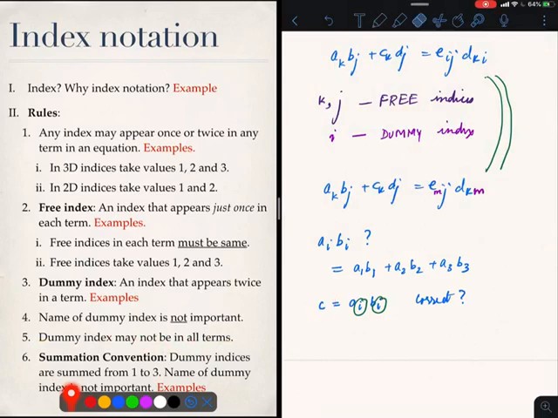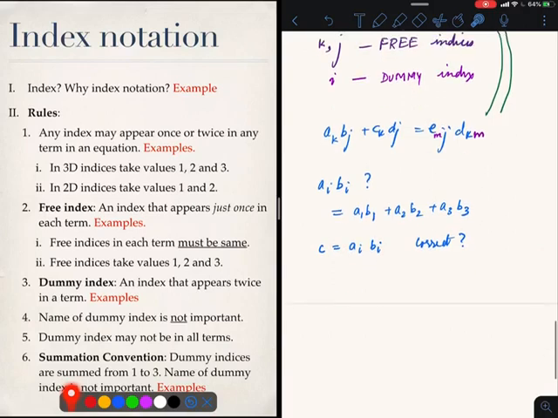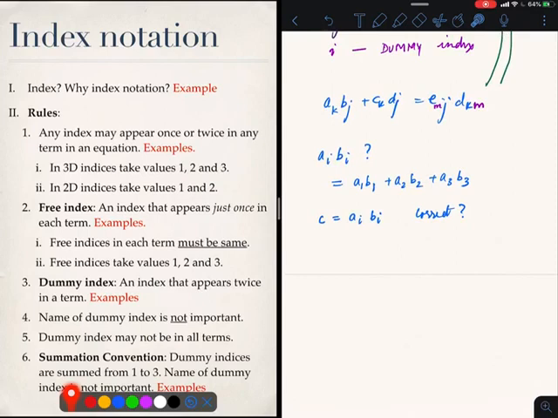Are there any free indices? No, there is no free index in this term and no free index in this term. So this is a correct equation in index notation.